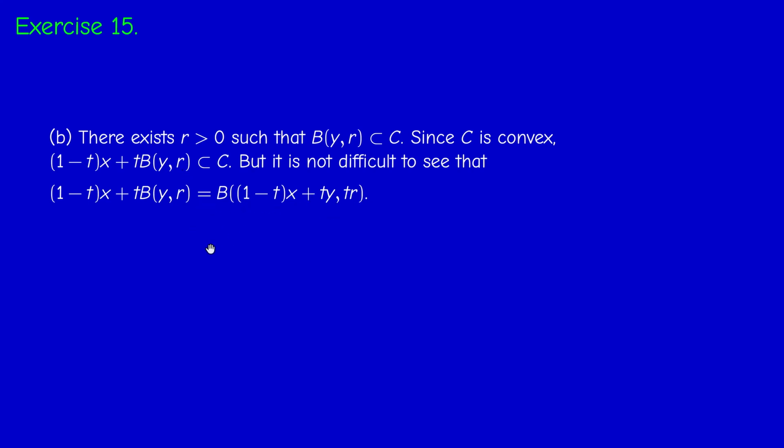Okay, so this is by exercise 11. So here actually I found a whole ball around this element totally contained in C. And this means that the center is in the interior of C.